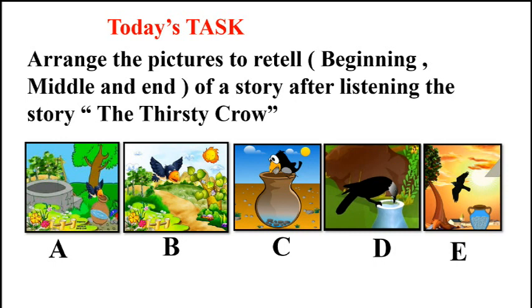The crow saw some stones nearby. He thought of a plan. He picked up some stones. He put them one by one into the pot. The water level in the pot came up. The crow drank the water and flew away happily.